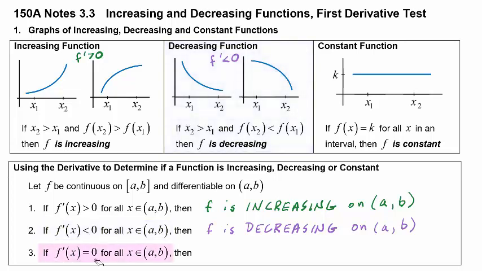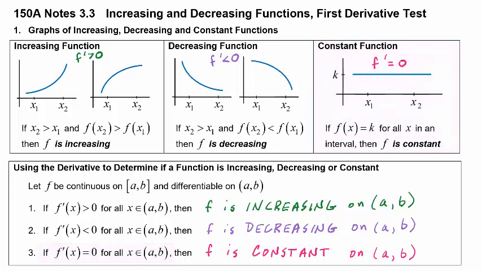If f prime of x equals 0 for all x on the open interval a to b, then f is constant on that open interval from a to b. So for the constant function, that tells us that the derivative is equal to 0.